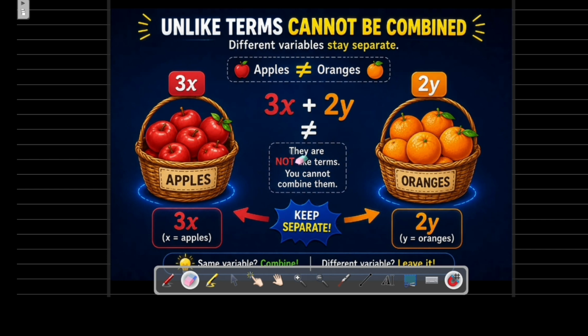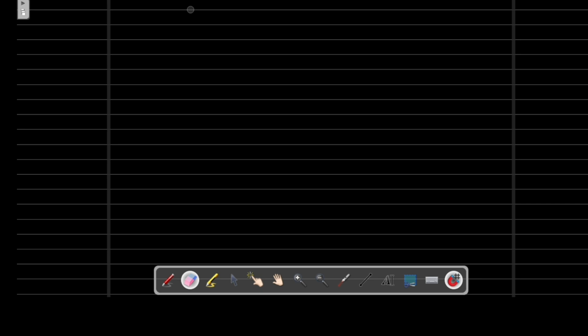What are like terms? Let's meet the star of today's lesson, and this is like terms. Like terms are terms that have exactly the same variable part.